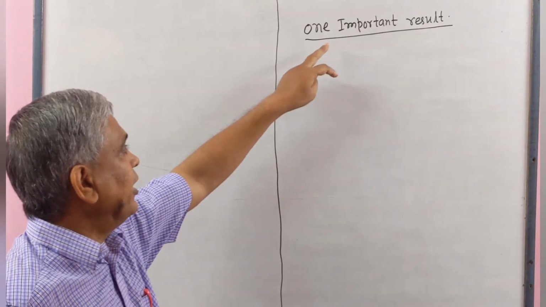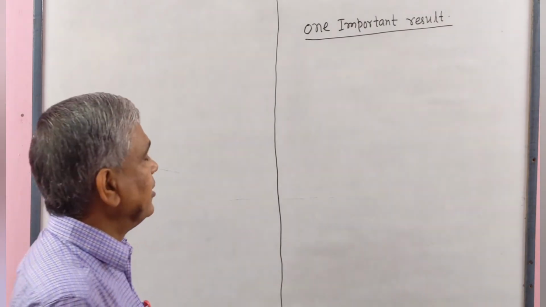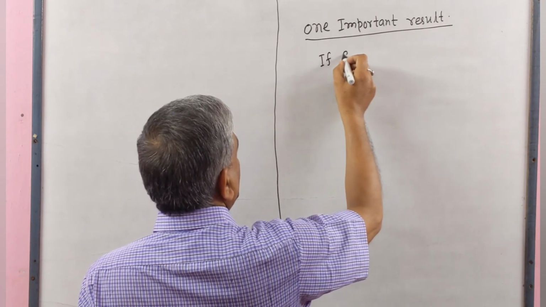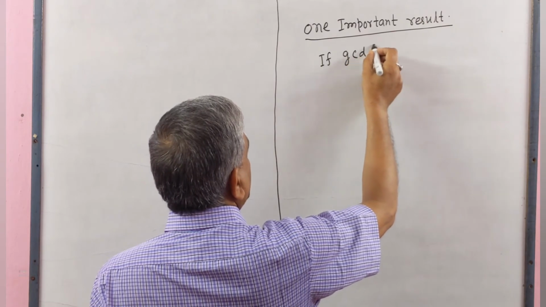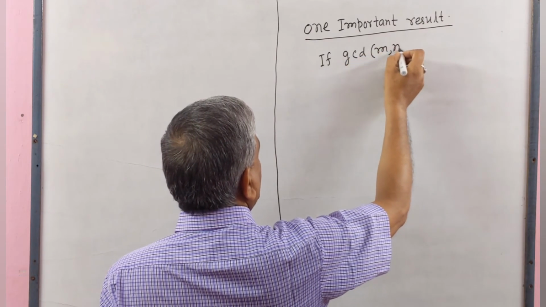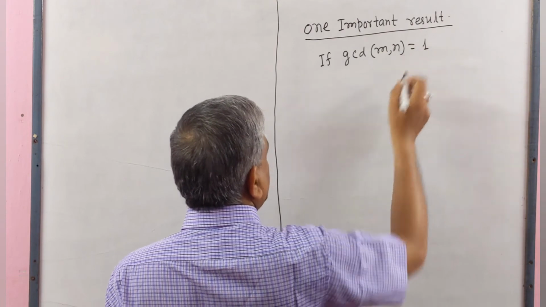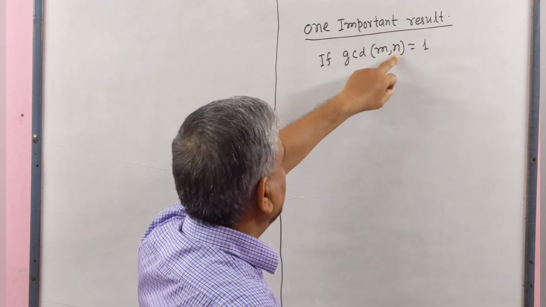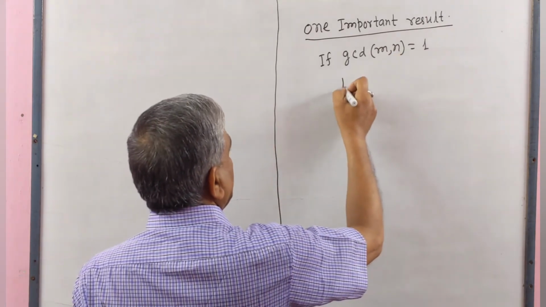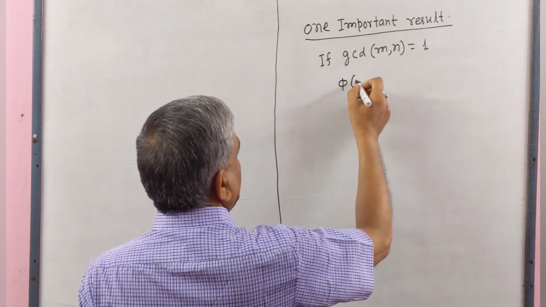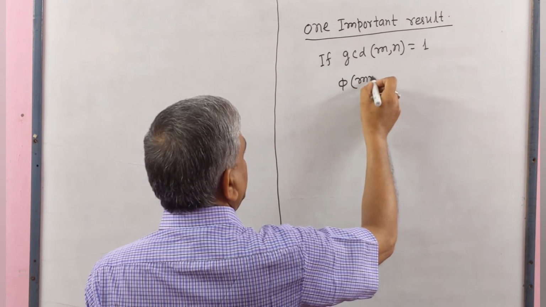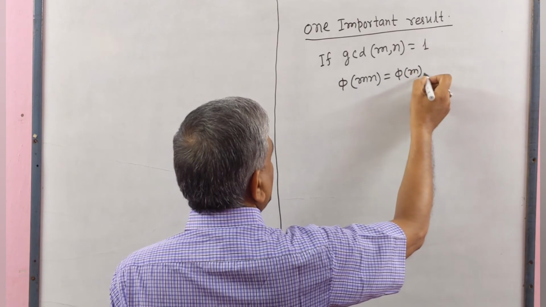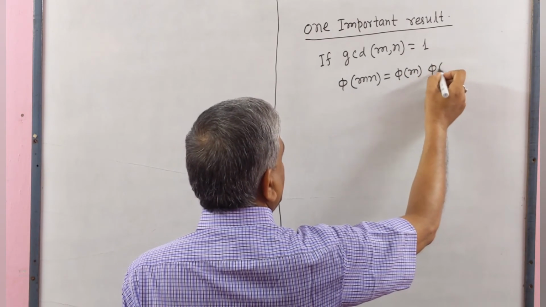Now we mention one important result. If GCD of m and n equal to 1, that is m is relatively prime to n, then Euler's phi function of mn equal to phi m multiplied by phi n.